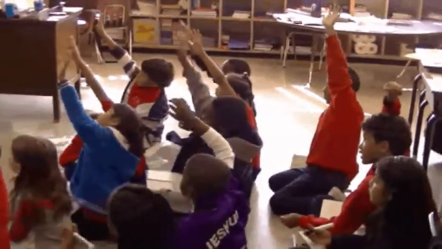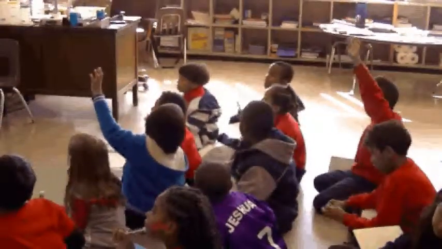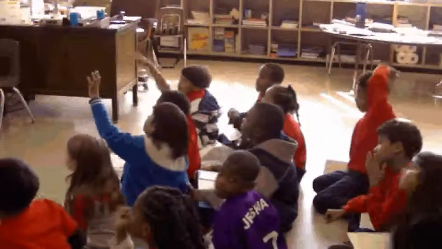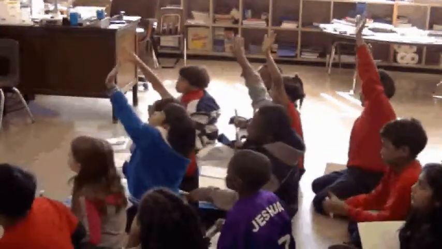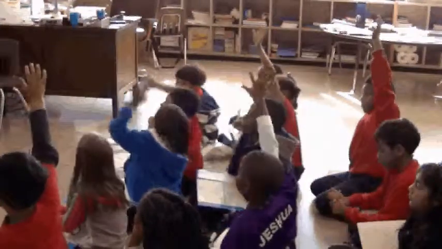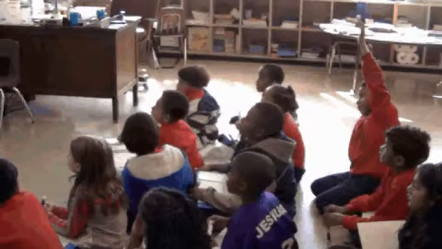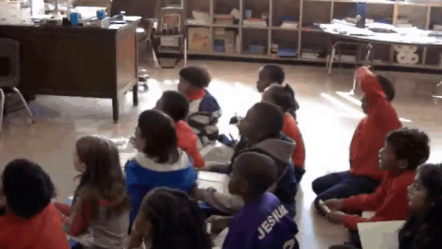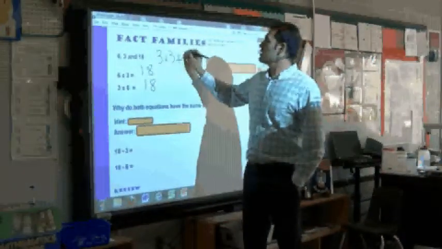How? Because 18 divided by 6 is equal to 3, and 18 divided by 3 is equal to 6. Yeah, but there are different ways to prove this. Because there are 6 groups of 3 in each group. Thank you very much. Or we can just use repeated addition.